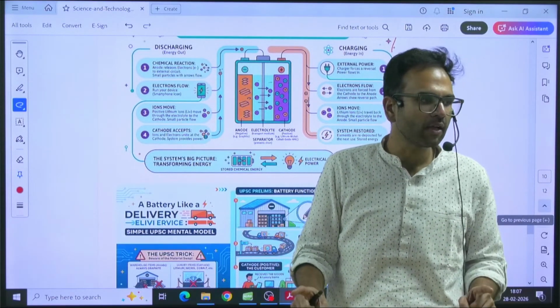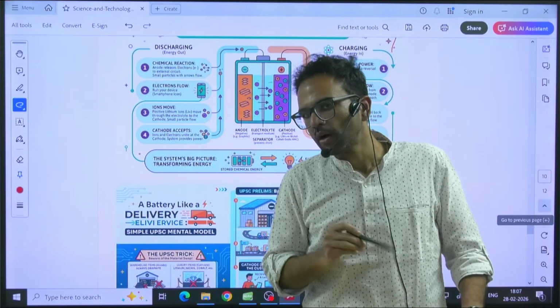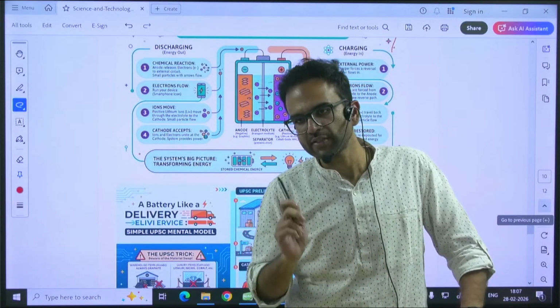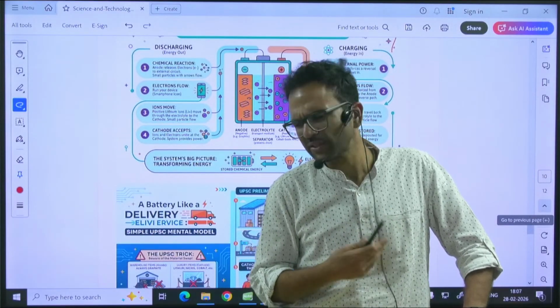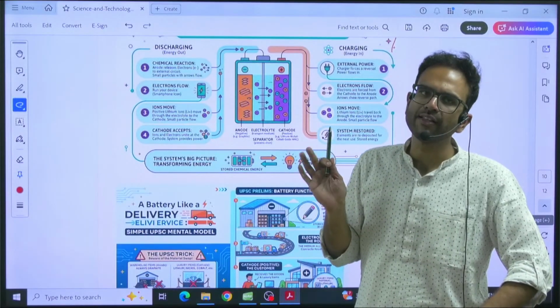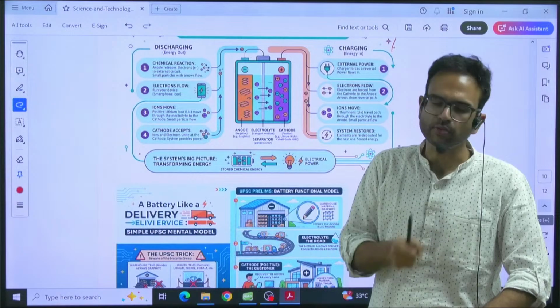And that's why you will see questions on this. What other areas will you have to focus on when you are discussing batteries? The raw materials and their sources. Questions have already been asked. For example, if you want to focus on the lithium ion battery, cobalt, which is a major component, what is the source? Congo.